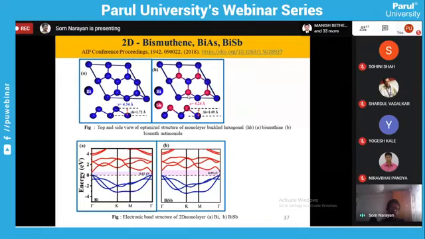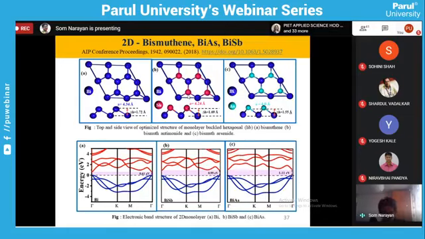As we substitute 50%, making the alloy 50% bismuthine and 50% antimonide, the band gap increases to 0.99 eV. Similarly, we go for the arsenine, and we found that the band gap goes to nearly 1.11 eV. So as we move from bismuthine to bismuthine antimonide and bismuthine arsenide, the band gap increases as we move from the bismuthine to arsenide alloys.